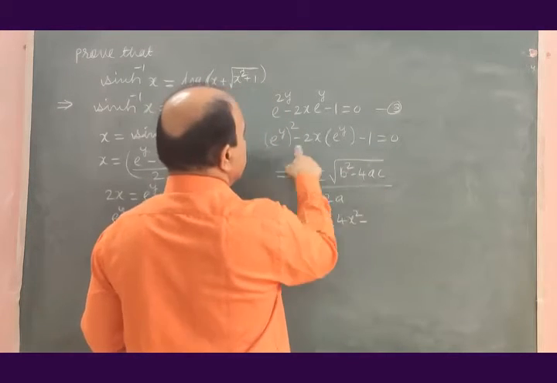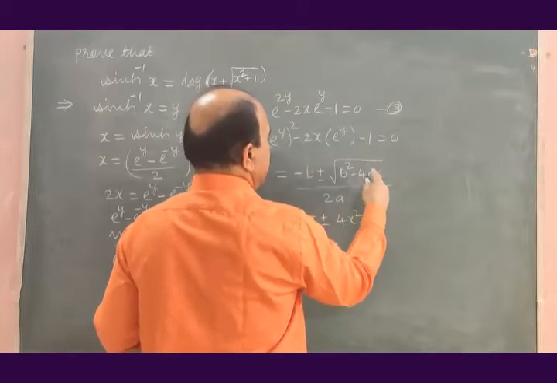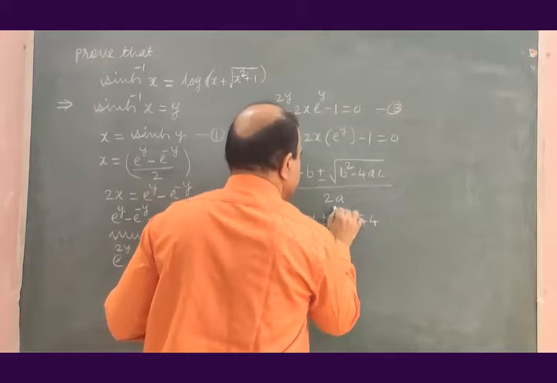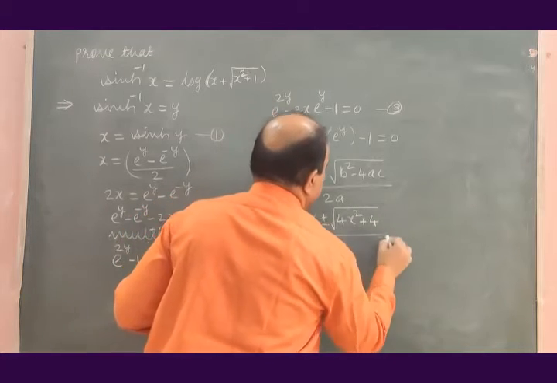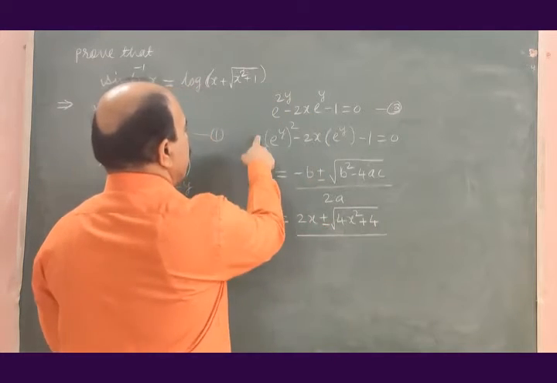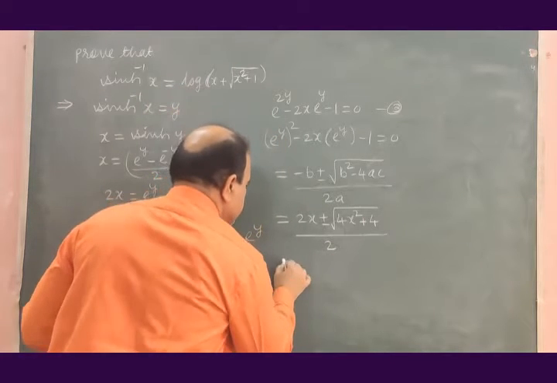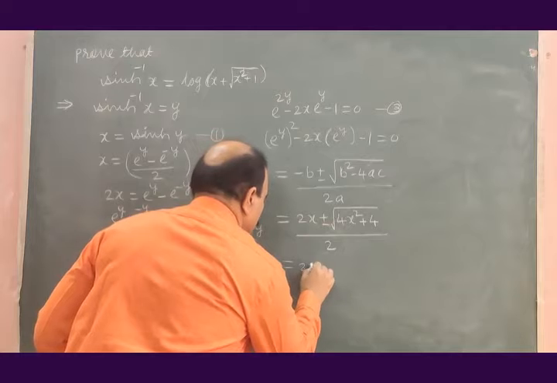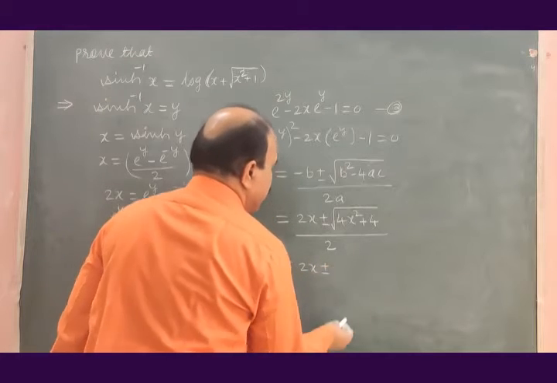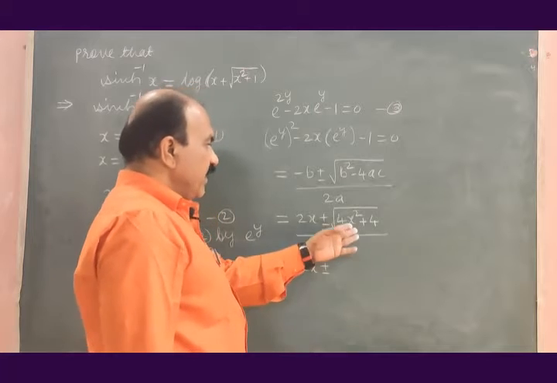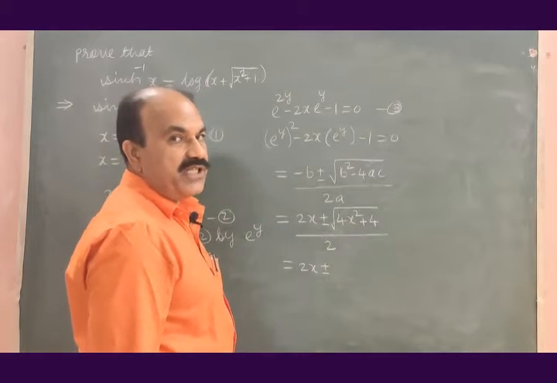Here a is 1, c is minus 1, minus minus will become plus 4. This is in square root, divided by 2a. a is 1, simply 2. This is further 2x plus or minus, 4 is taken outside the square root. When 4 is taken outside the square root, it will become 2.